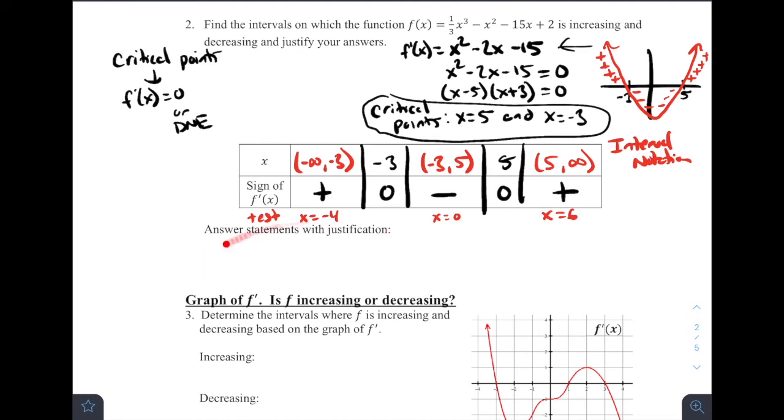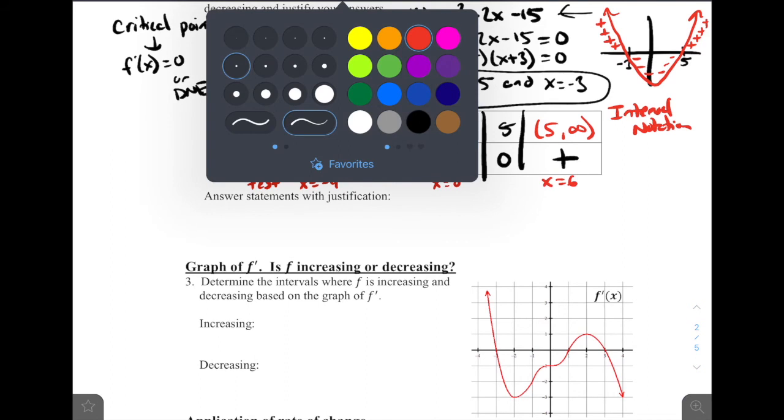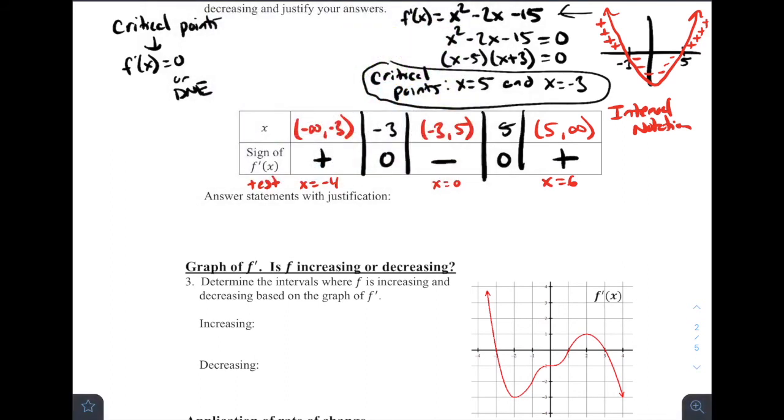So what is our conclusion, and what can we justify here? We can say that f of x, so our function we're talking about, has to be increasing on any interval where the derivative is positive. So it's on negative infinity to negative 3, and, a union, 5 comma infinity.